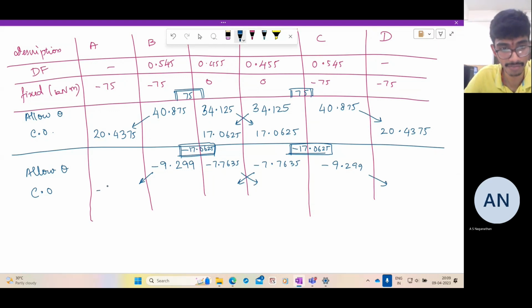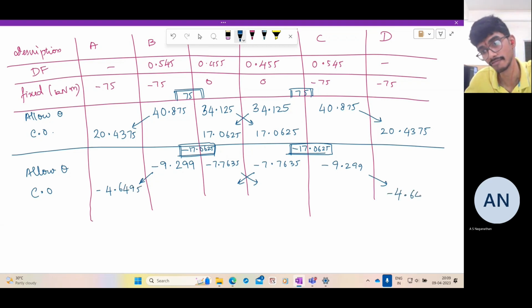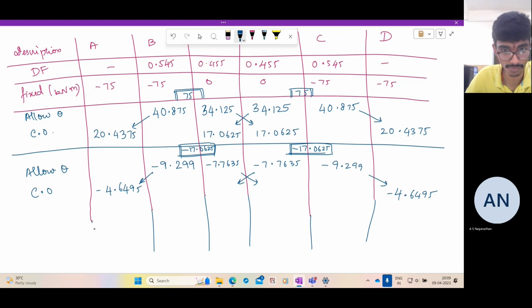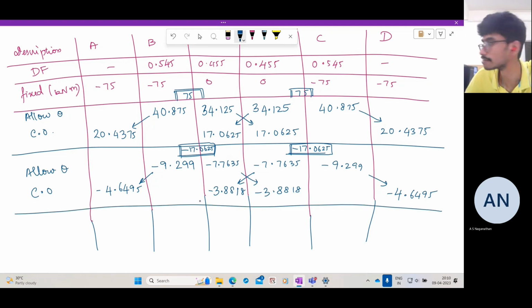So here you get minus 4.6495, minus 4.6495. And half of this one, 7.7635 by 2, is minus 3.88, minus 3.88. Now you have an unbalanced moment of minus 3.8818. So you apply plus 3.8818. Here also 3.8818.